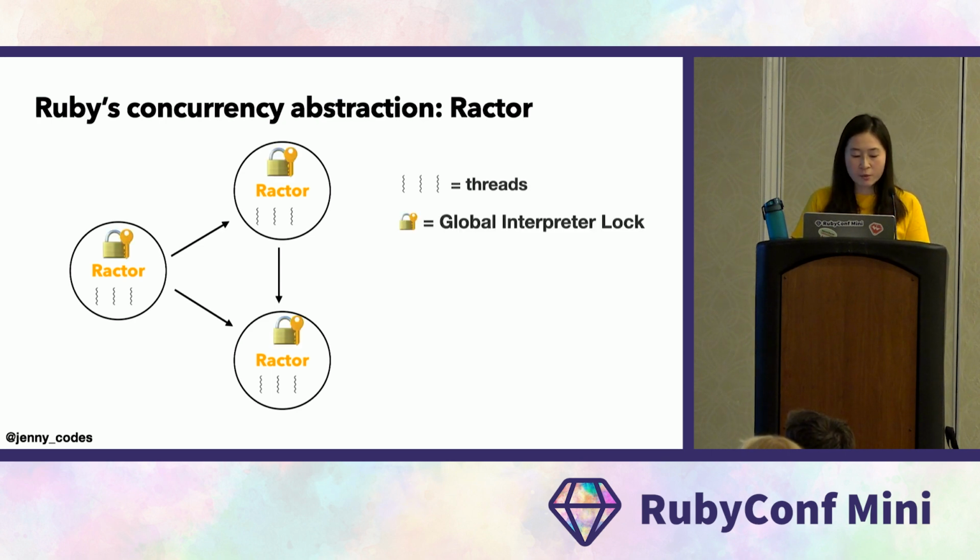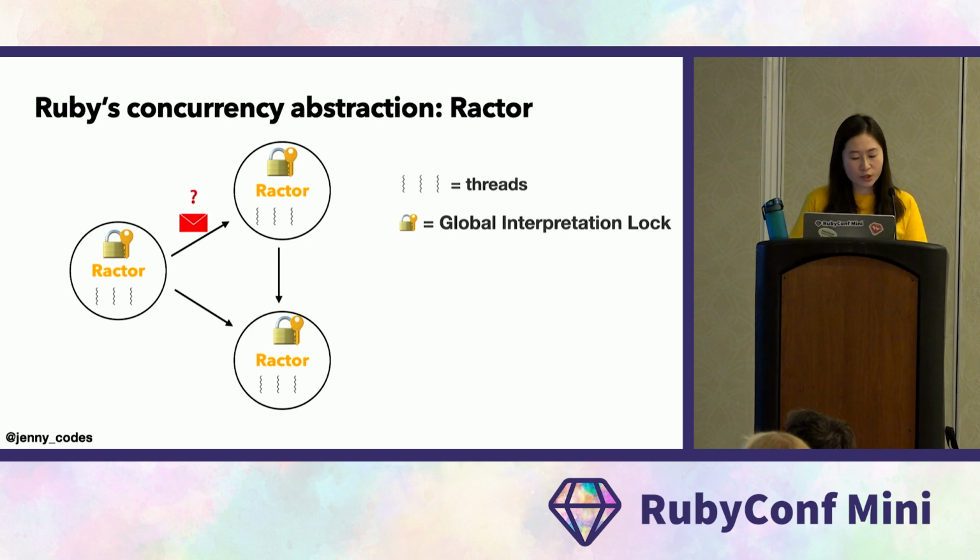And when we enable Ractor, the global interpreter lock will be assigned to each Ractor individually instead of one globally. So different Ractors can run in parallel, while the threads inside each Ractor can still run safely in a sequential manner.